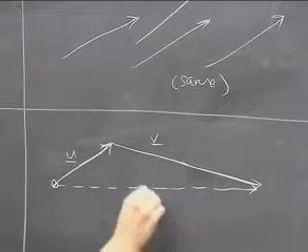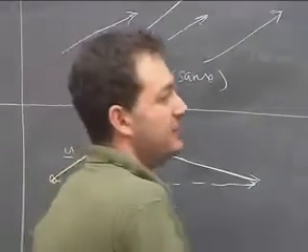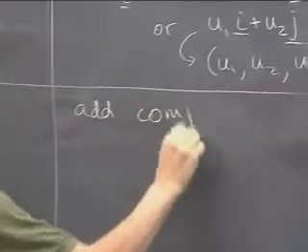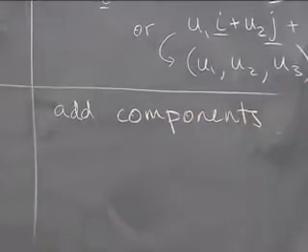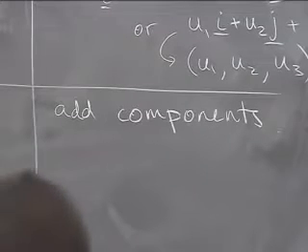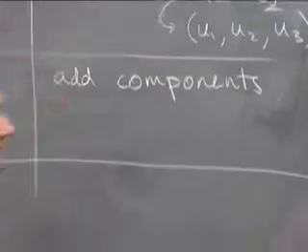And that vector is U plus V. So that's the geometry there. In terms of the calculation, just add the components. So whatever, if it's 1, 2, 3 plus 5, 6, 7, you just add the x coordinates together, the y coordinates, and the z coordinates. And I did plenty of examples of these sorts of things last time.